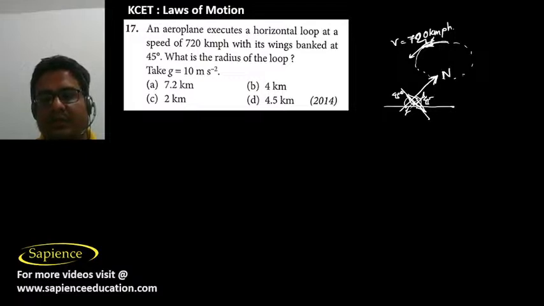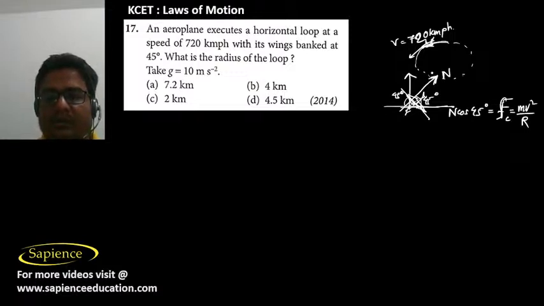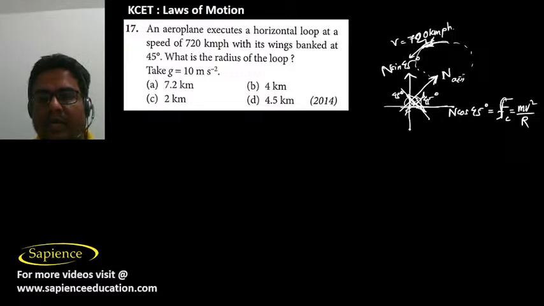Let's say it is N. So N cos 45 degree is providing the necessary centripetal force Fc, which is equal to mv square by r, and the vertical component of this normal force of the air, that is N sine 45, is trying to balance the weight of the aeroplane, which is equal to mg. Then it is told what is the radius of the loop. Radius of the loop has been asked.